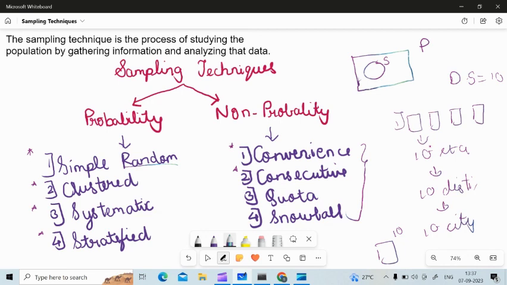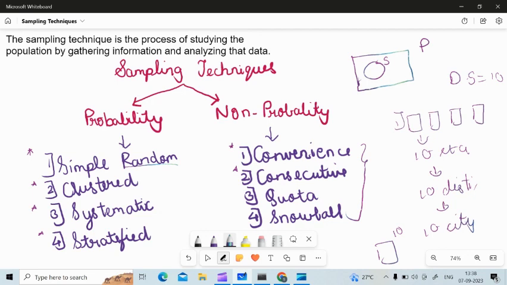I'm not using any other technique to collect the 10 people. This is also called multi-stage sampling. Cluster sampling and multi-stage sampling are almost the same, so don't be confused between them. It's randomness-based sampling only.